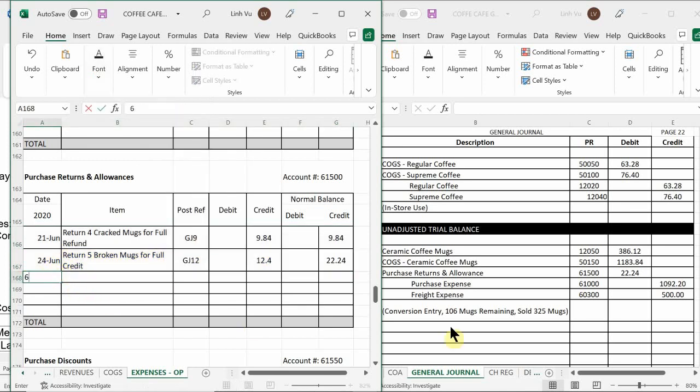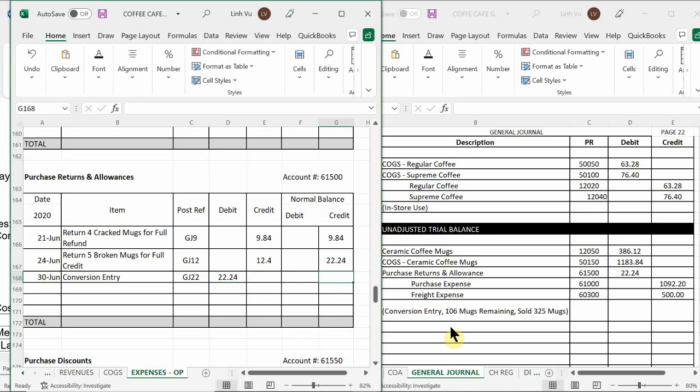We are doing our conversion entry, which tells us we're going to debit our account for $22.24.